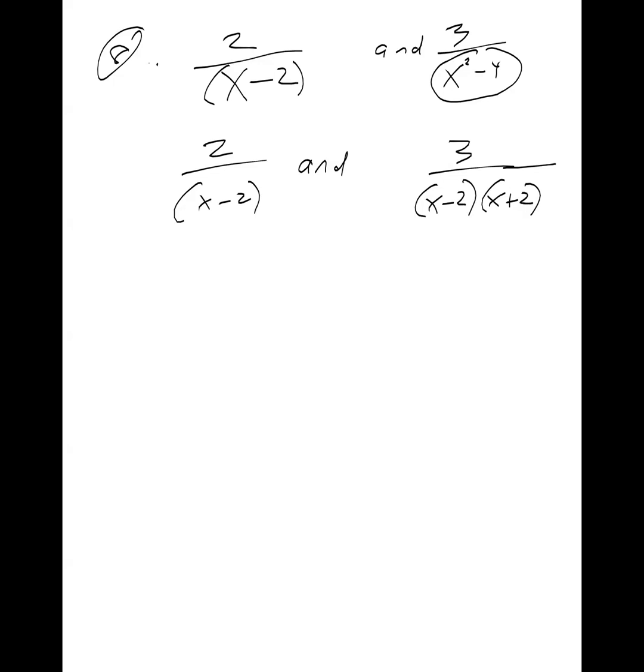Now, here's a different way of thinking about common denominators. If you want to find the least common denominator, have you ever been jealous or envious of somebody else? Have you ever heard of the keeping up with the Joneses idea?